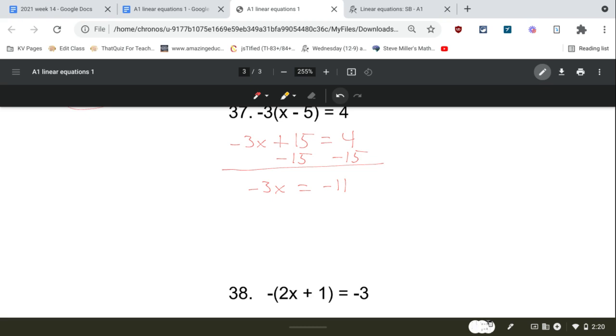I know they're going to cancel out because I got a negative on both sides there. I'm going to divide by negative 3. The negative 3 divided by negative 3 cancels. This is what I was saying, the negatives just cancel out. And so you're left with 11 over 3, which does not simplify.